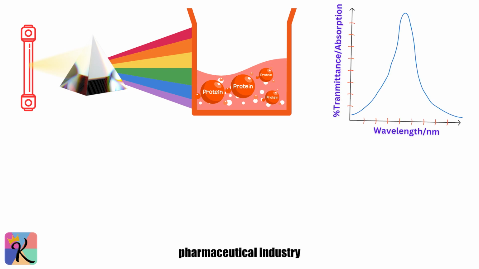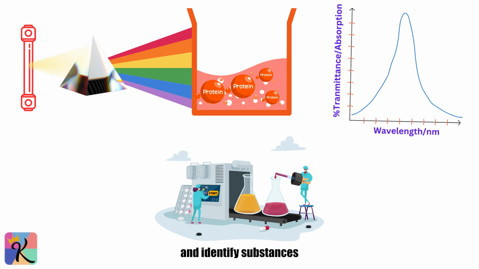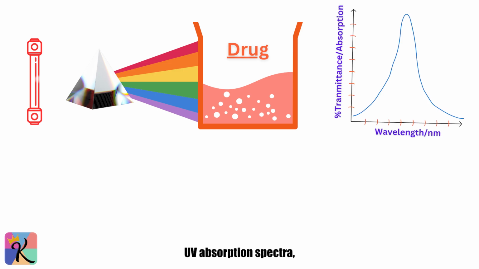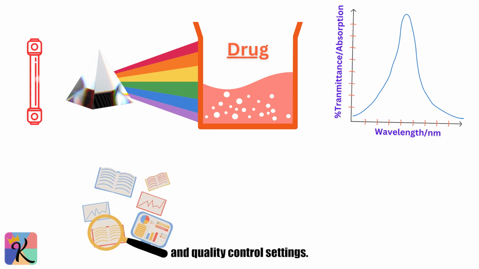It's also used in the pharmaceutical industry to verify the purity of compounds and identify substances based on their absorption spectra. Additionally, because certain drugs have characteristic UV absorption spectra, this technique is invaluable for monitoring reactions and studying the interaction of drugs with biological systems, making it a staple in both research and quality control settings.